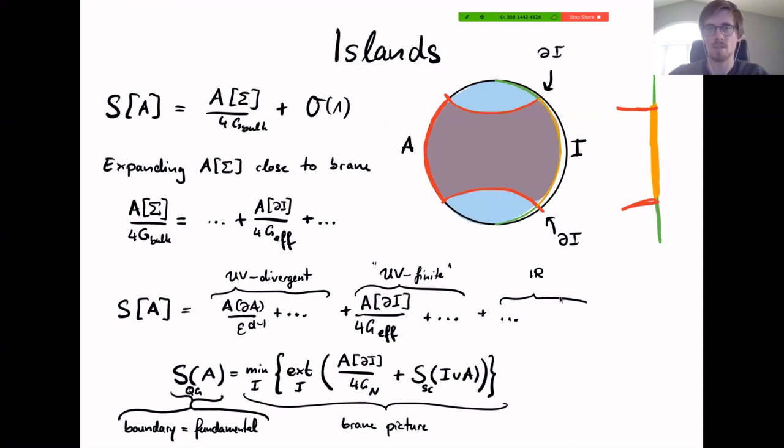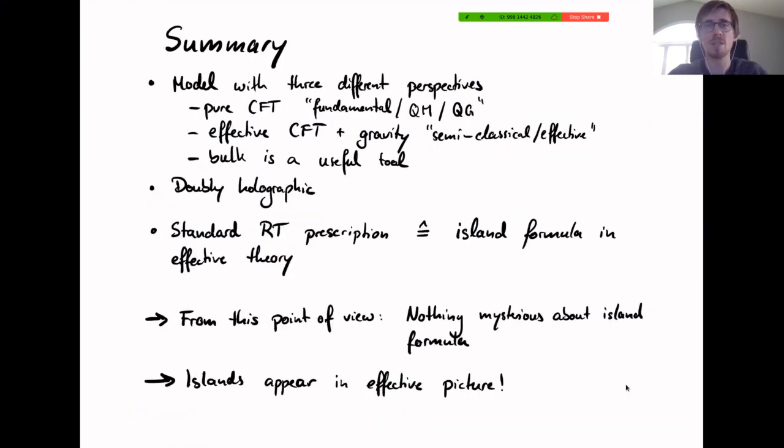Okay, if there are no questions, then let's briefly summarize this part. Just to reiterate, we have these three different perspectives. This pure CFT perspective, which you should treat as a fundamental description, and then the brane perspective, which is some semi-classical or effective description of your system. And we had the bulk, which we really just use as a useful tool.